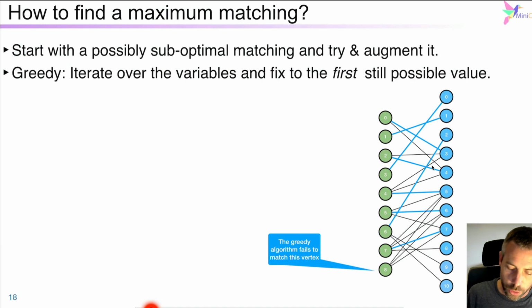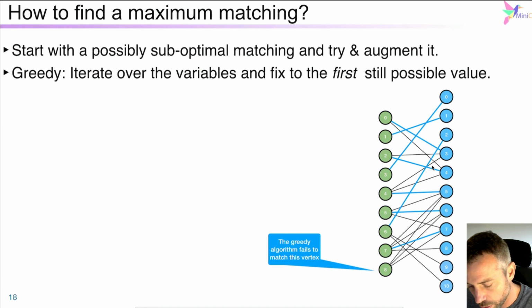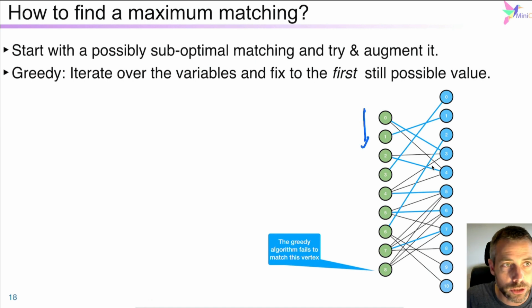Okay, so how do we find the maximum matching in a bipartite graph? Well, a first idea that you can imagine is we can use a greedy algorithm. So you will consider all the variables from the top to the bottom. And every time you see that a variable is not yet matched, you try to find a value, a node that is not yet incident to a blue edge. Okay, and this is what you will get.